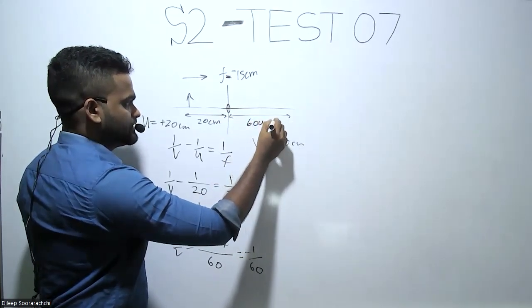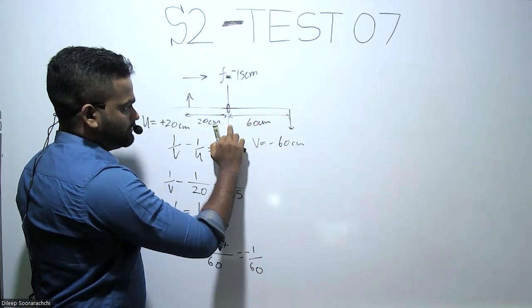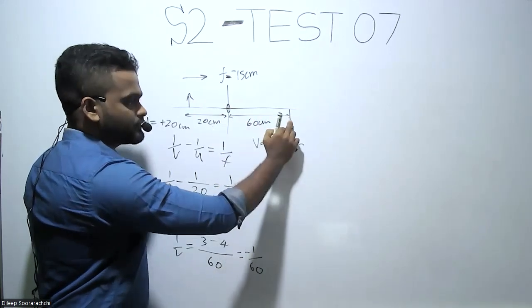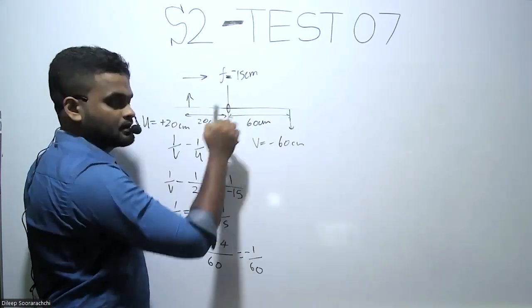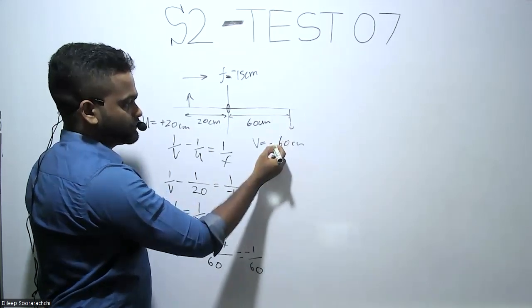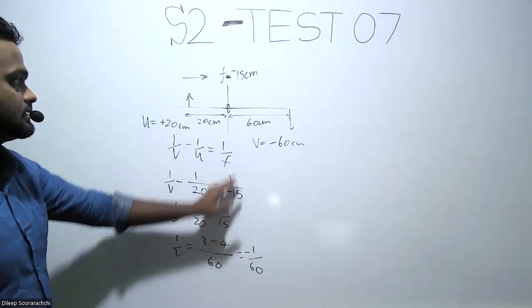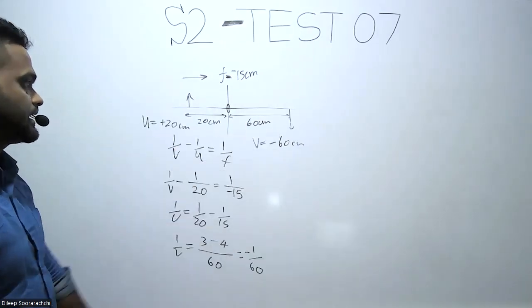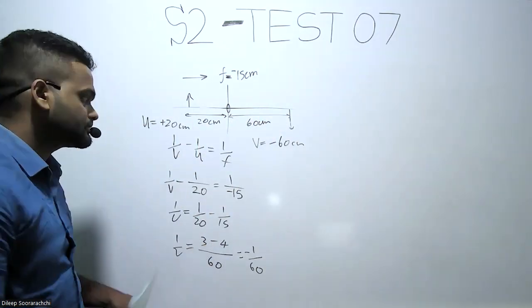So it's a real image, because this is measured in the direction of light. Light is moving in this direction from the object. So it is measured in this direction, 60 centimeters. That's why we got a negative value there. We actually don't need that to get the answer, but for further clarification, that's how the sign convention works.